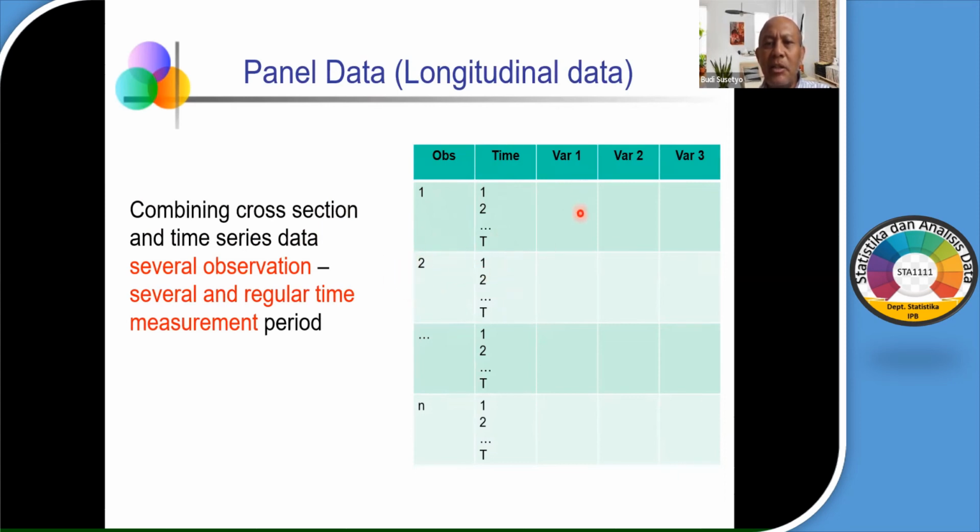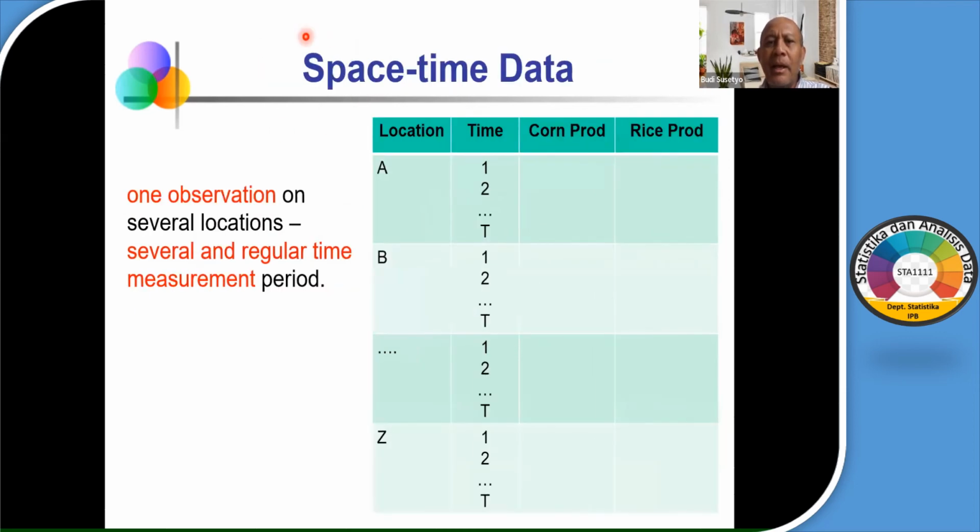And then these are variables, so we call the data longitudinal data or panel data. If the individual means a location, and there is also time, we call it space-time data.